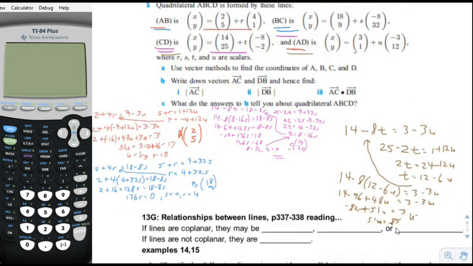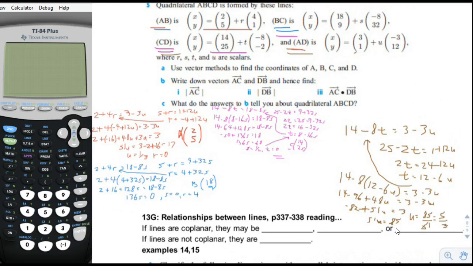So u equals 85 divided by 51, which just looks like a mess, but actually, I think there's a common factor here. 51 is equal to 3 times 17, 85 equals 5 times 17, so that's actually equal to 5/3.